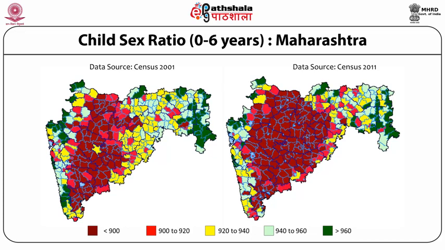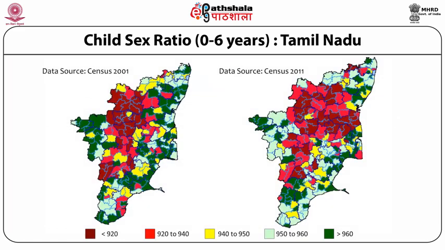And what we are seeing is that sex selection has changed tremendously in these more liberal parts of our country. So what we are looking at now is Tamil Nadu at the sub-district level. We are seeing practically red in most parts, whether it's the upper part of Tamil Nadu or way down, and we are seeing even yellow coming in.